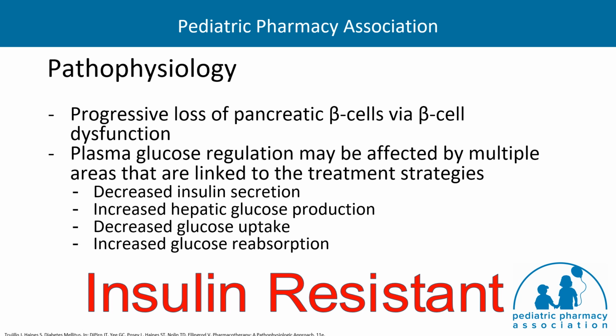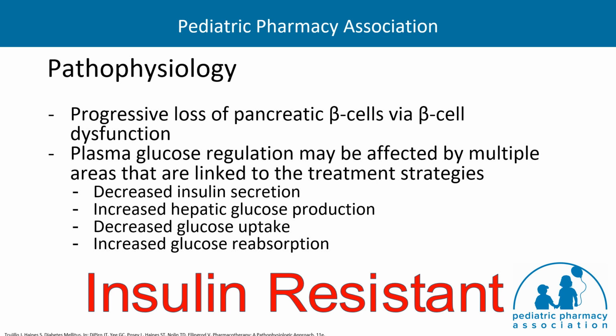We also have decreased glucose uptake by the cells. So normally, insulin is responsible for an anabolic state where we're building up tissues, muscle, fat, all of that. And the cells use glucose to promote all of these activities. But with insulin resistance, they don't respond to it as well, and so you don't get that glucose uptake for action.